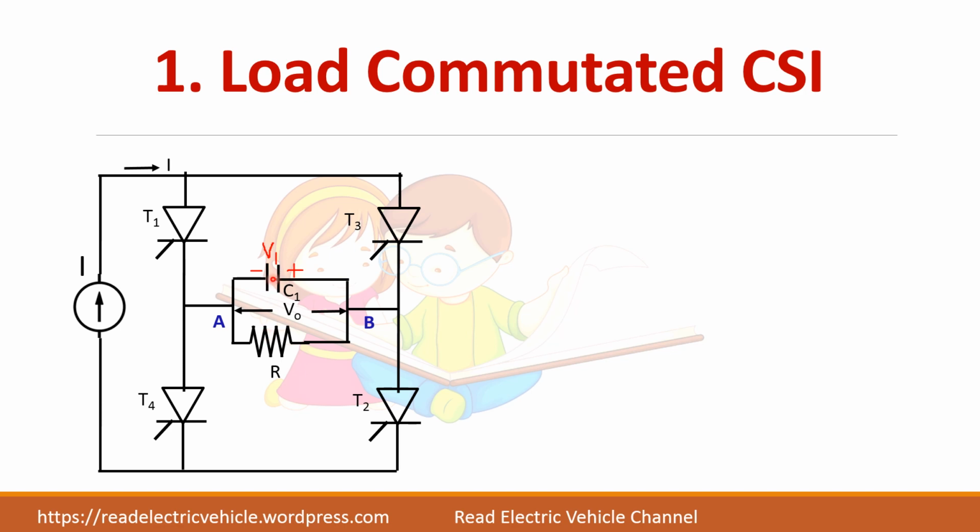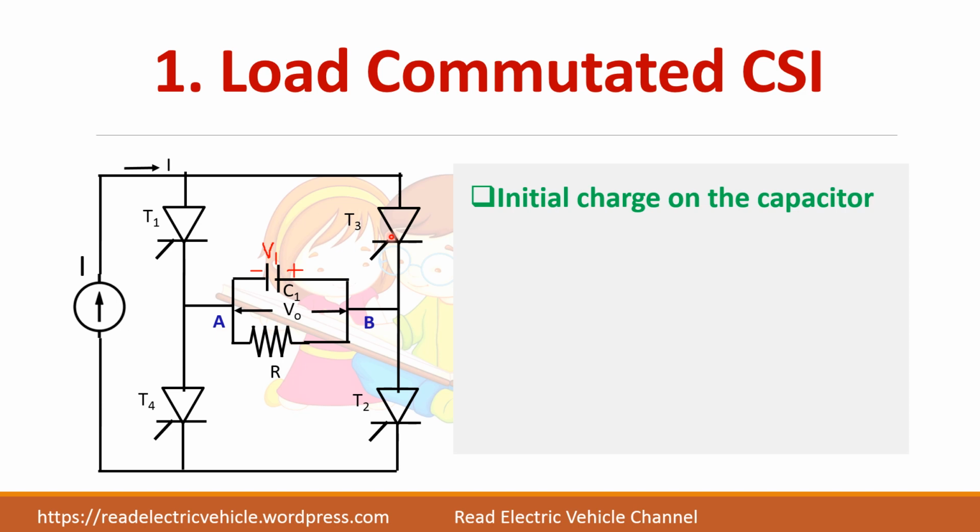The charging and the discharging of this capacitor helps to commutate the thyristors. The initial charge on the capacitor is assumed to be minus V1, that is this side is negative and this side it is positive. So it is considered to be minus V1. And this is the voltage across the resistive load V0, where point A is considered to be positive with respect to B.